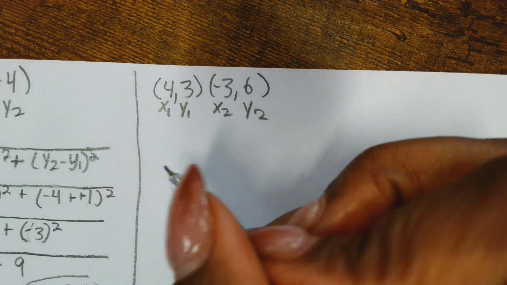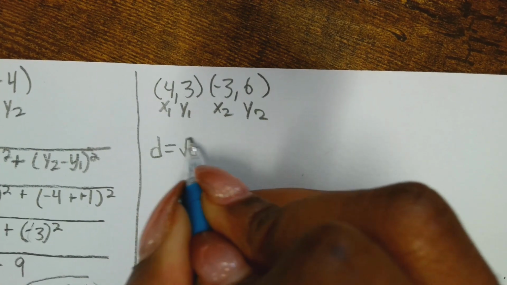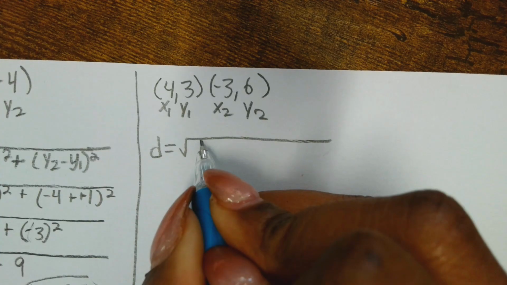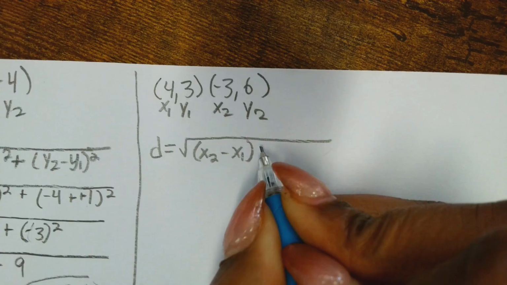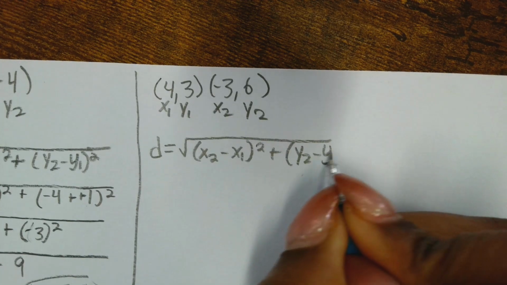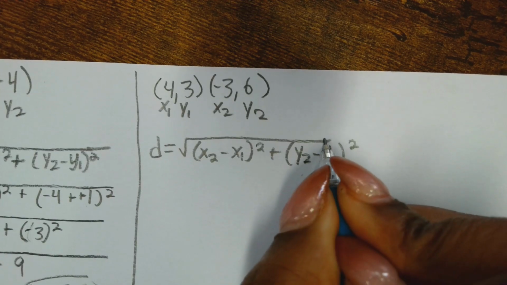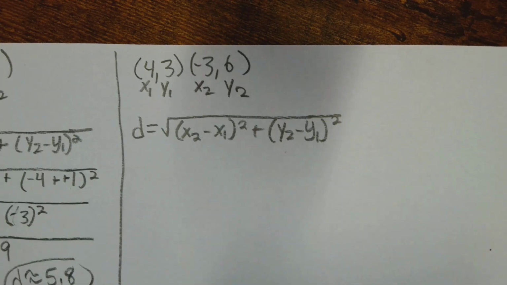All right. So now let's write the formula for distance. We have x2 minus x1, and we square it, plus y2 minus y1, and we square that. Okay? Now let's substitute.